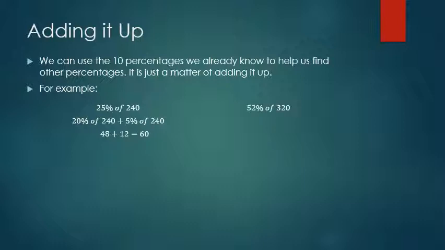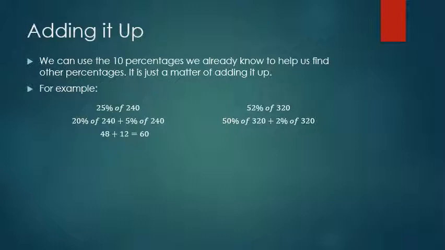52% of 320. So I don't yet have a strategy to find 52% of a number, but I know how to find 50% of a number by cutting it in half. And I know how to find 2% of a number by finding 1% and double it. So instead of looking for 52% of a number, I find 50% of a number plus 2% of that number.